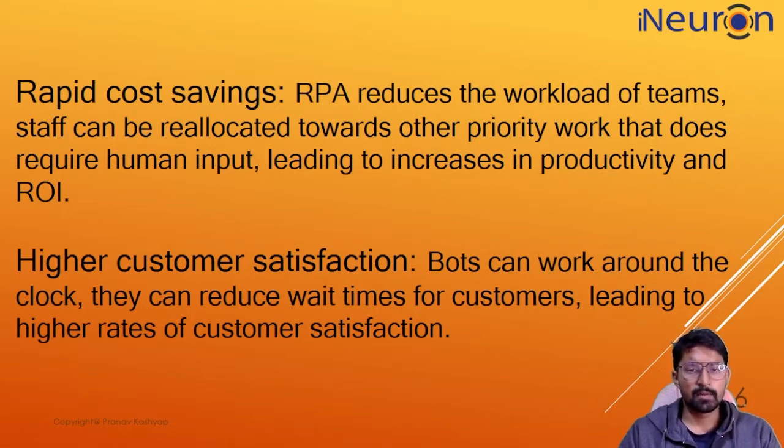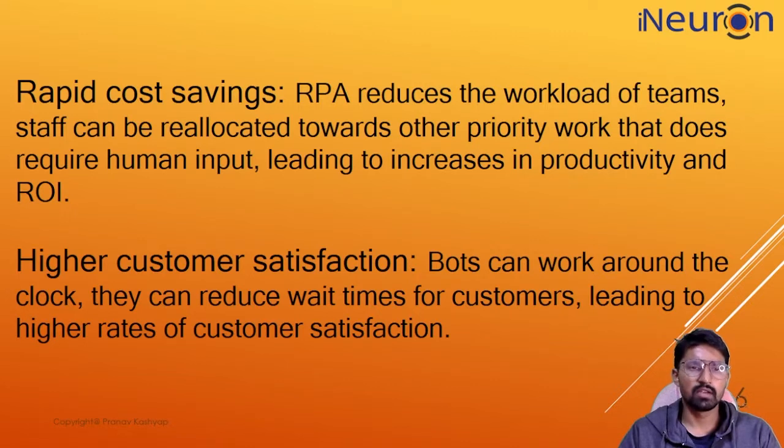So once a task that is done by a resource is now done by a bot, automatically the cost comes into the picture, which helps in return on investment. If you have a team of 10 members and now almost 8 members' tasks are done by bots, that helps the organization in return on investment, so they can save the cost. This is the major importance of using RPA in real life scenarios.